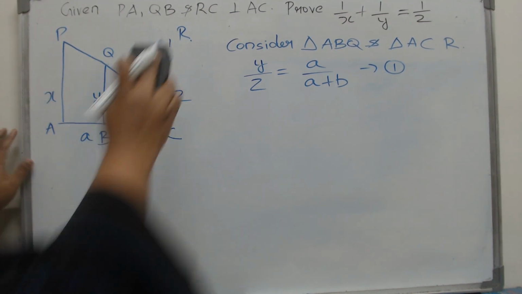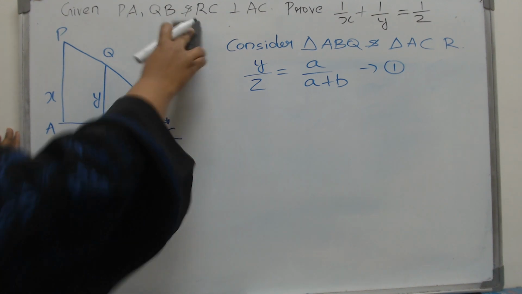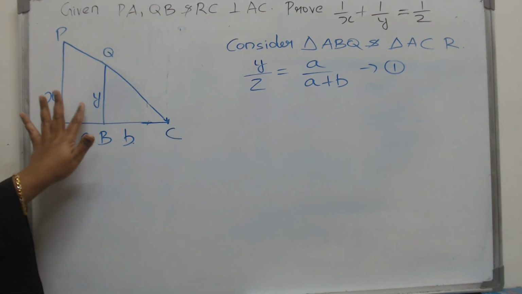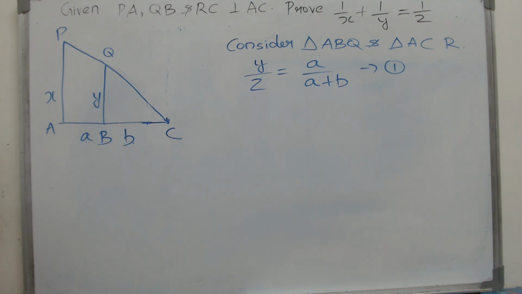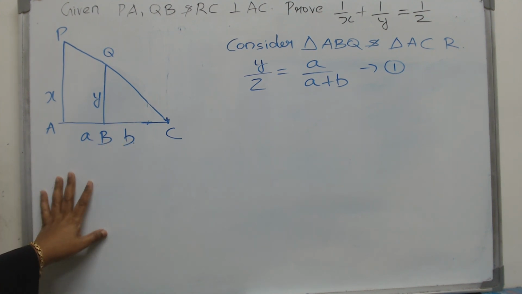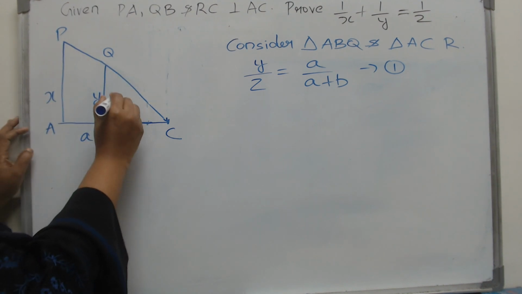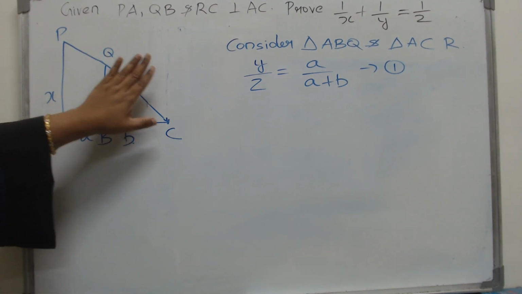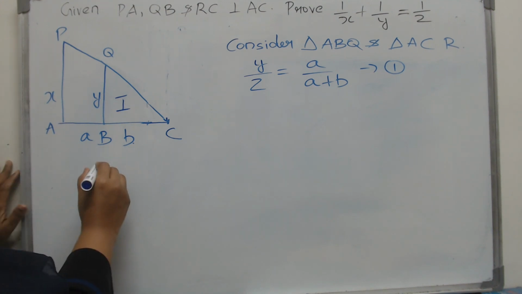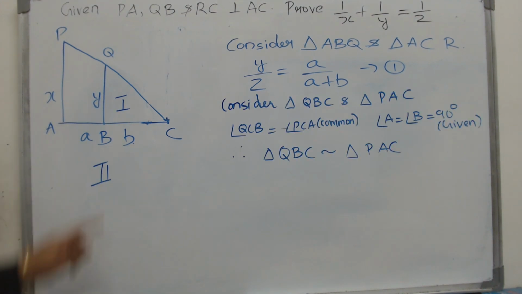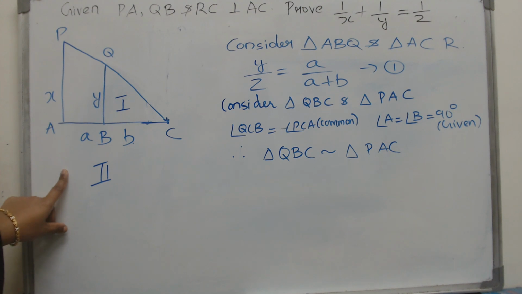So now we can get rid of this and find a relation between X and Y and combine both the results. And how are we going to do it this time? Now we will consider this smaller triangle. I will name this as 1, and this whole triangle I will name as 2. So how are we going to prove their similarity?